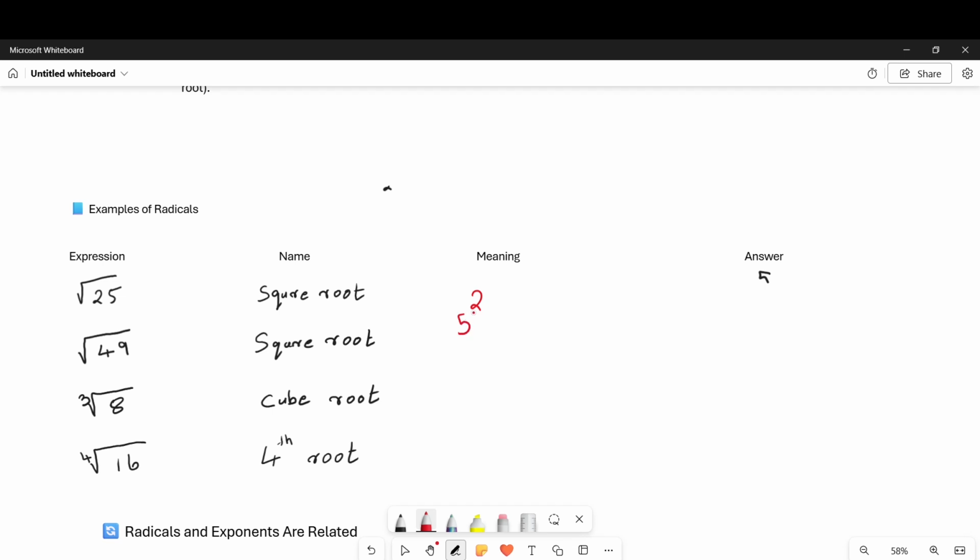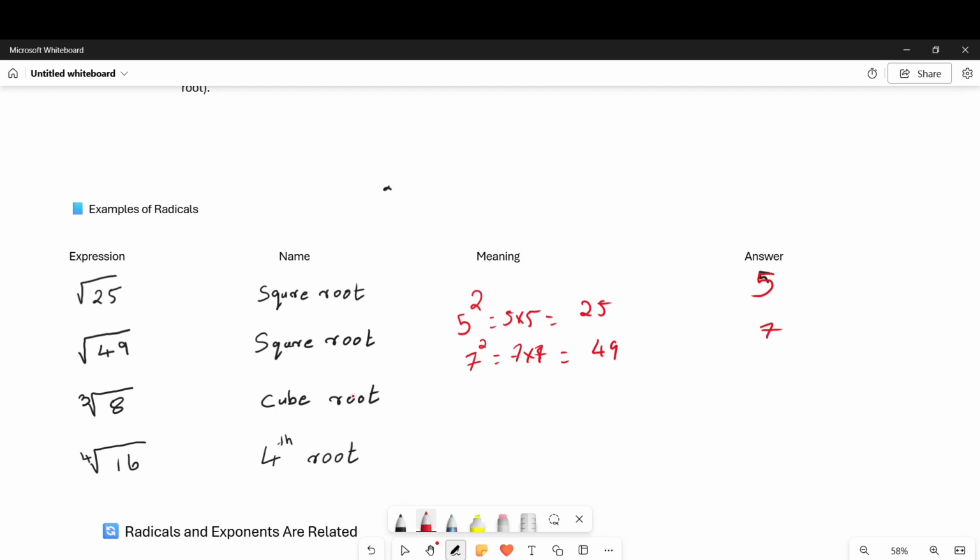This is 5. 5 to the power 2 is 5 times 5, which is equal to 25. The answer is 5. Root of 49, the same thing. 7 squared, 7 times 7 is equal to 49. The square root of 49 is 7.